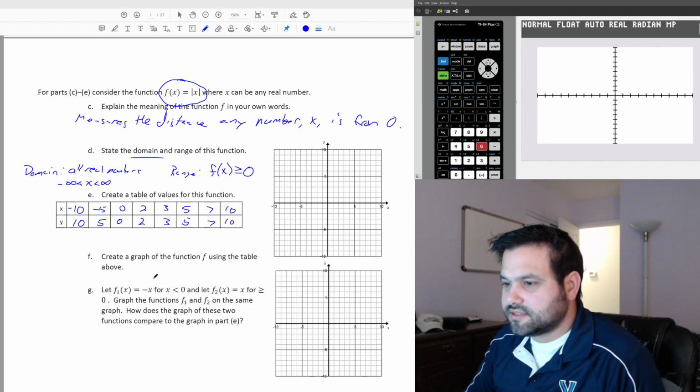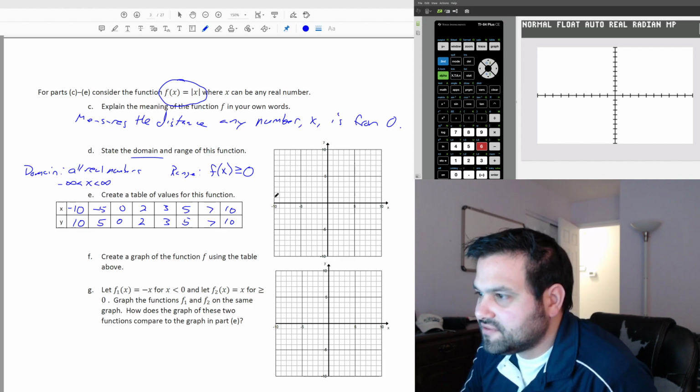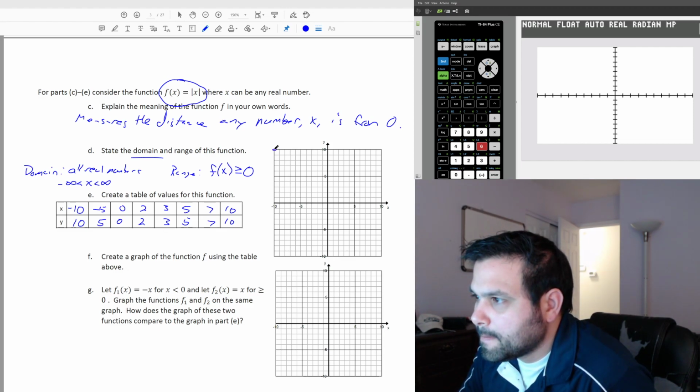And then let's go ahead and plot these points, create the graph. So negative 10, 10, negative 5, 5, 0, 0, 2, 2, 3, 3, 5, 5, 7, 7, and 10, 10.